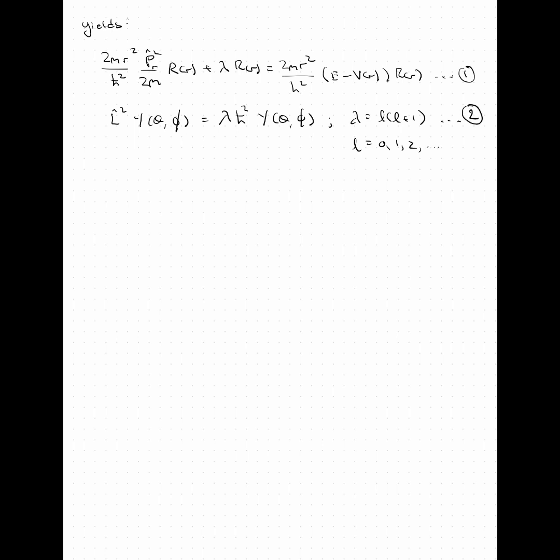This is the second equation. So we've separated the Schrödinger equation into 2 bits, one that's dependent on r, one that's dependent on theta and phi.